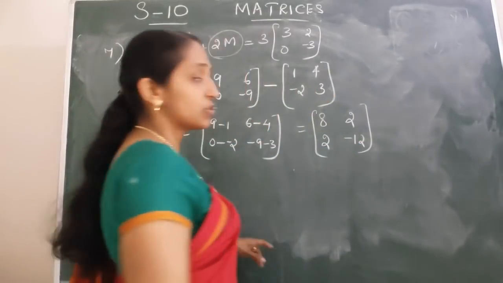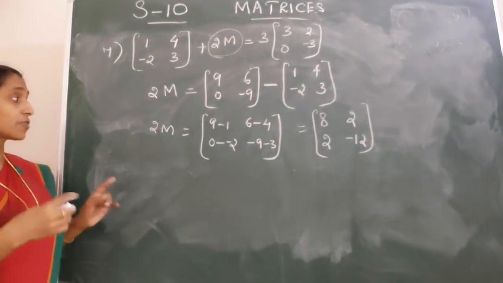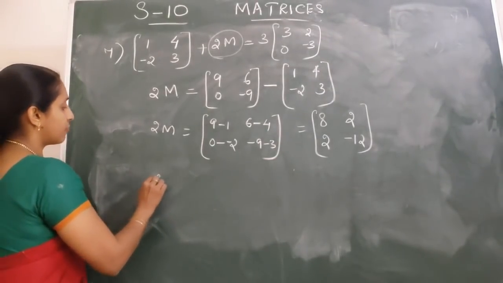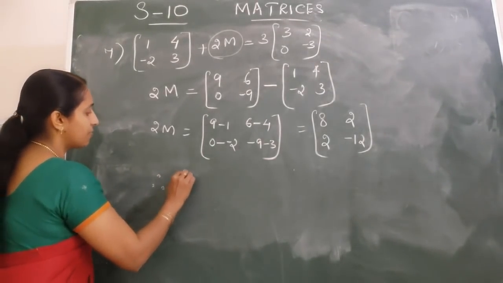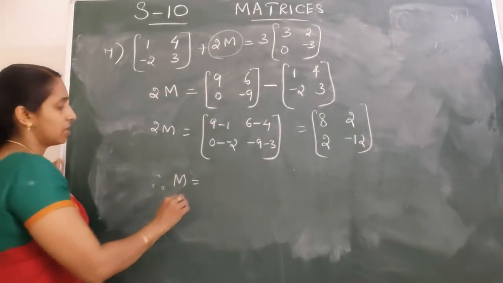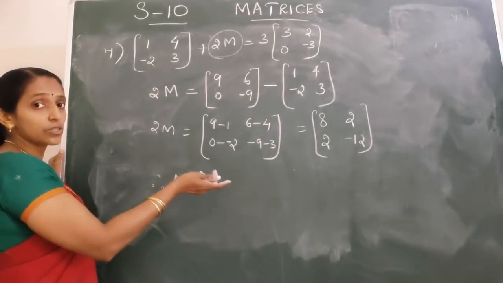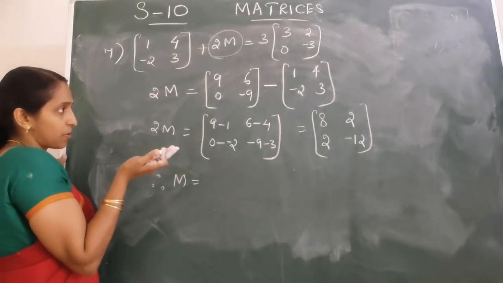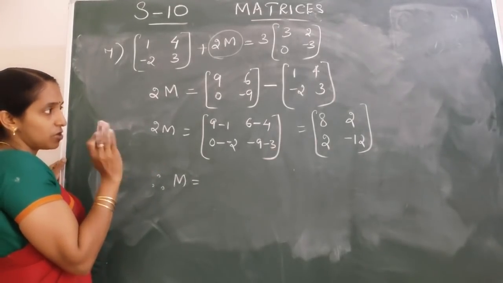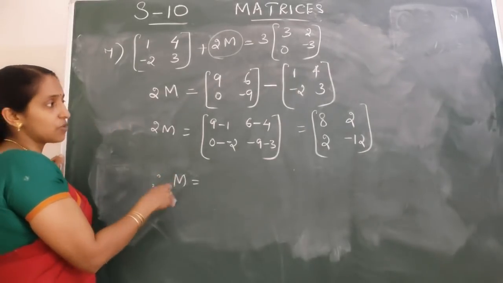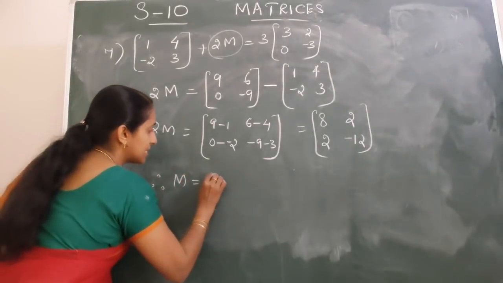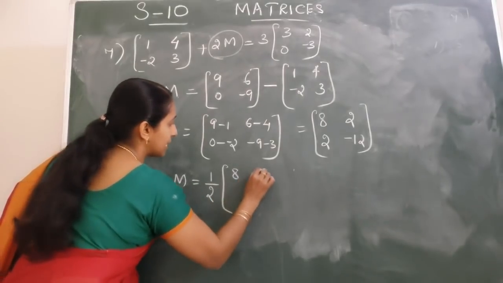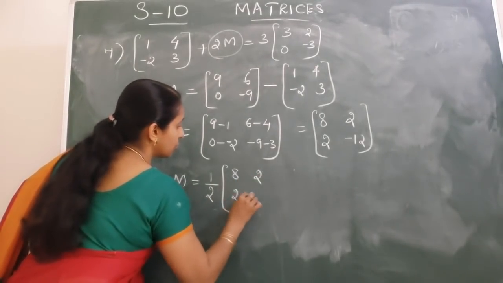You are getting 2M, and our question is find the matrix M. Therefore, M will be equal to this, 2 we are going to divide. That's what I told. Matrices division is only a simple property, simple type of division only you are having, and that you will find out M is equal to half of [8, 2; 2, -12].